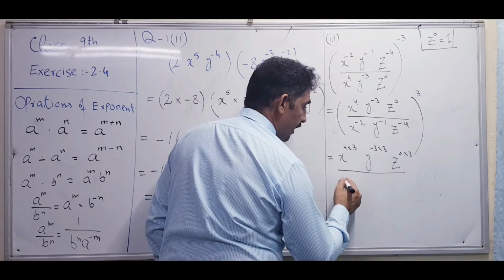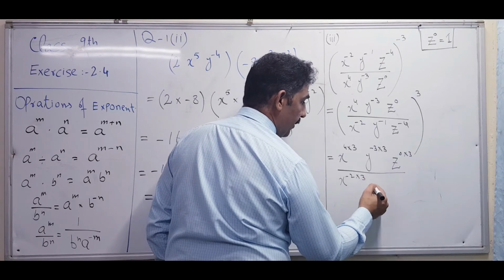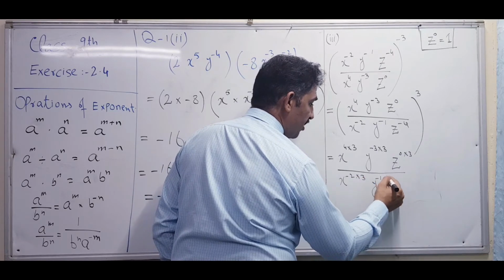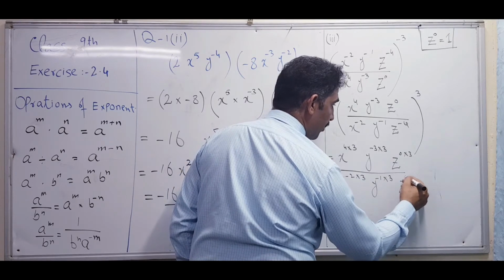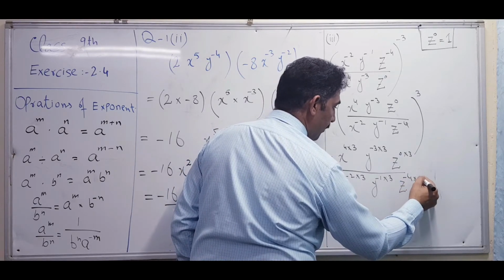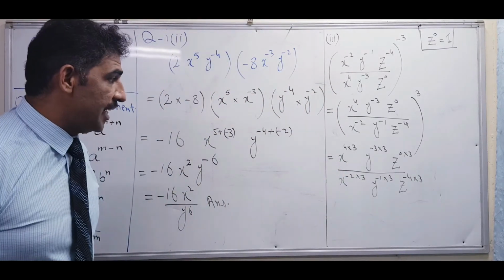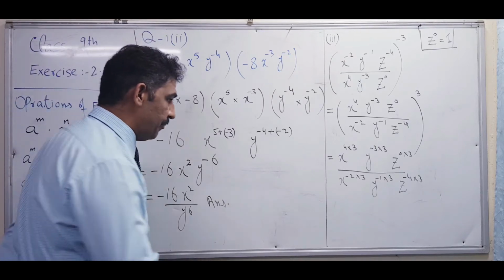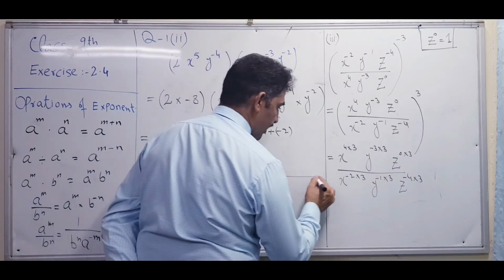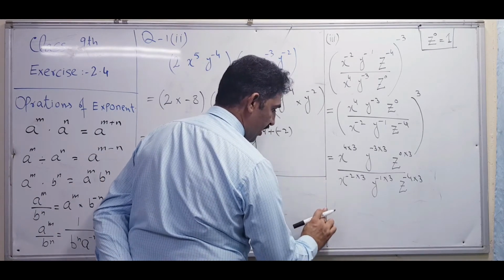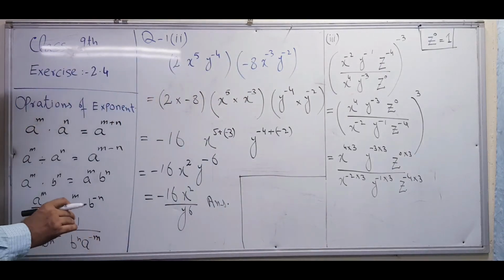So x raised to power minus 2 multiplied by 3, y raised to power minus 1 multiplied by 3, and z exponent minus 4 multiplied by 3, right? So what is the next step? I want to finish it. There are 2 lines I need to write, so that's why I want to shift it here, then after that the solution.